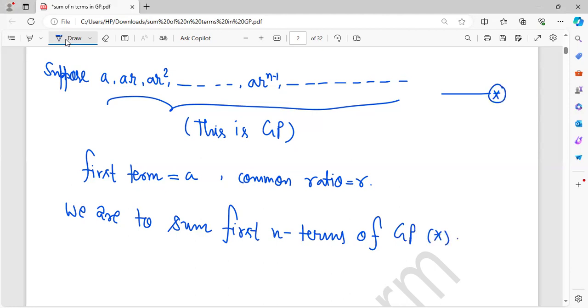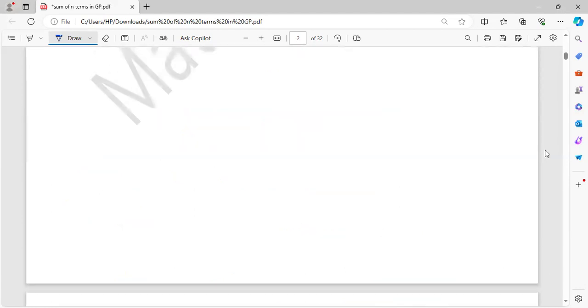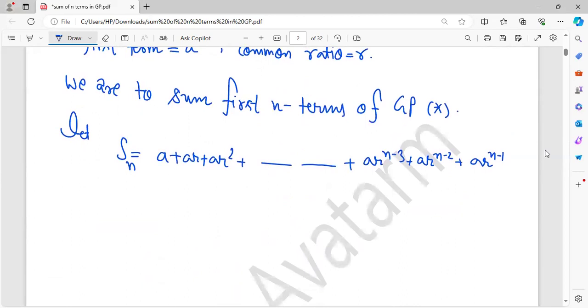We let S, taking sum Sn, equal to A plus AR plus AR square, up to AR to the power n minus 3 plus AR to the power n minus 2 plus AR to the power n minus 1. Let's say it is equation number 1.